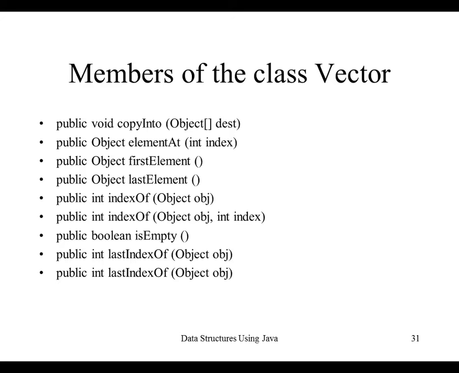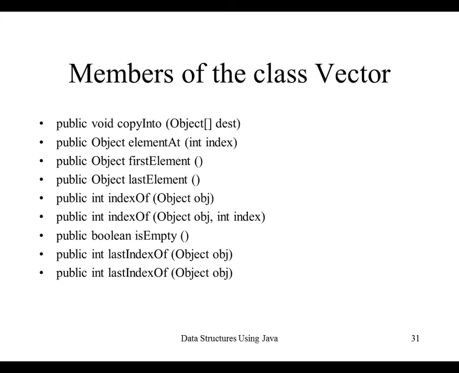Next, public int indexOf with parameter Object obj. This returns the position of the first occurrence of the element specified by obj in the vector. If obj is not in the vector, the method returns -1.